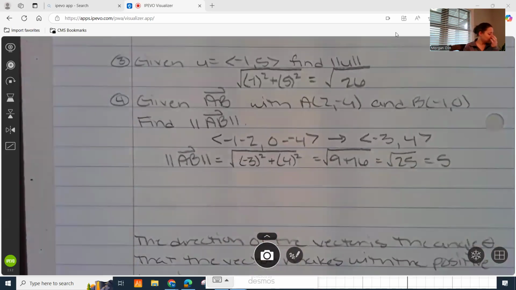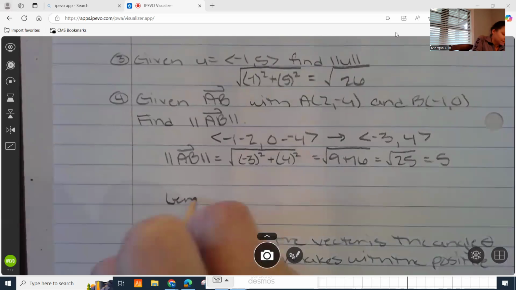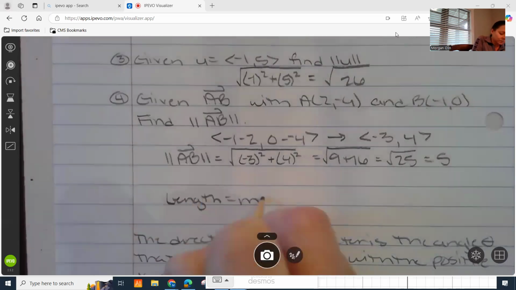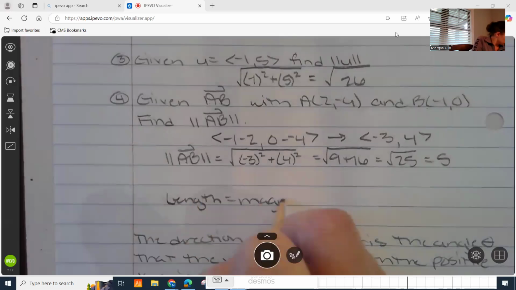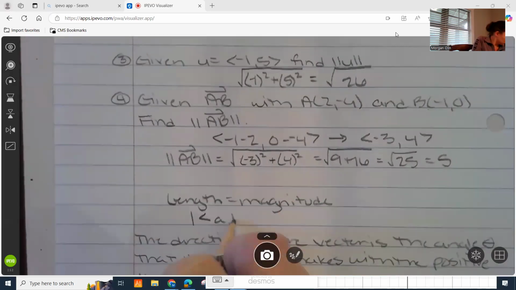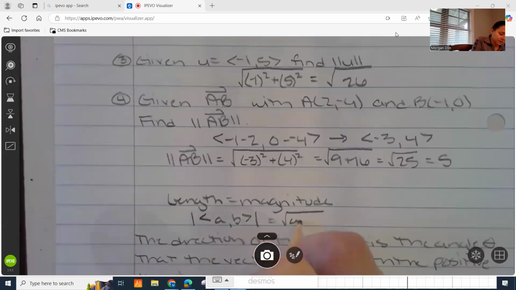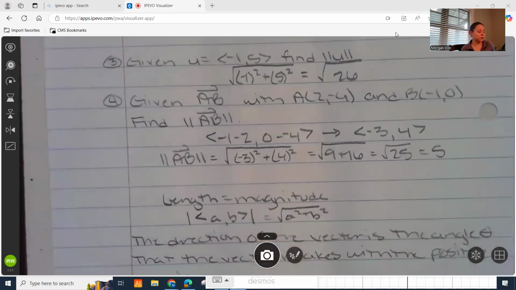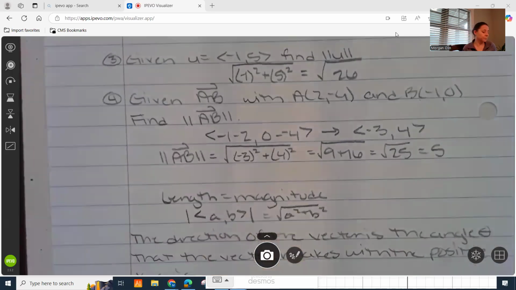Now, another word for magnitude is length. Length equals magnitude. So I'm going to denote it like this, and we can use those interchangeably as well.